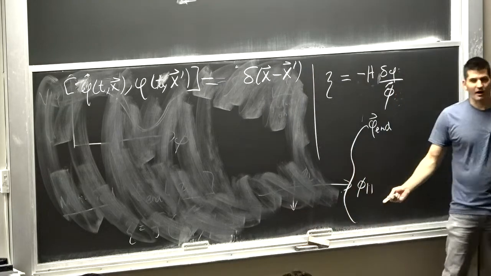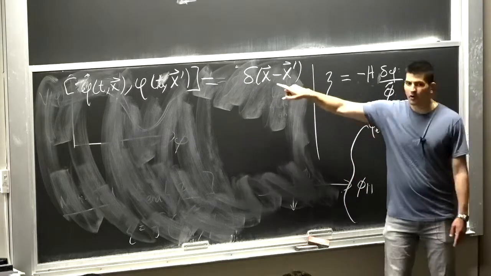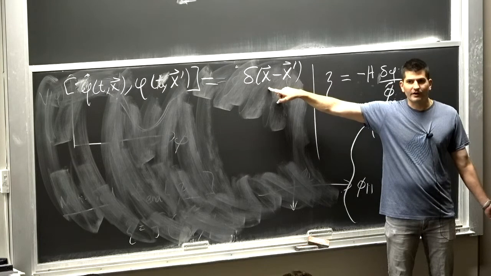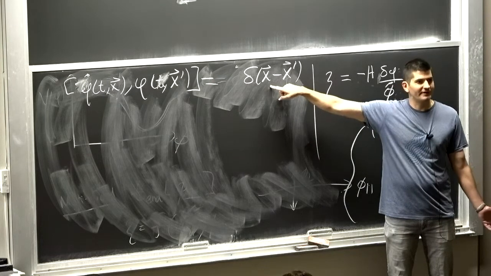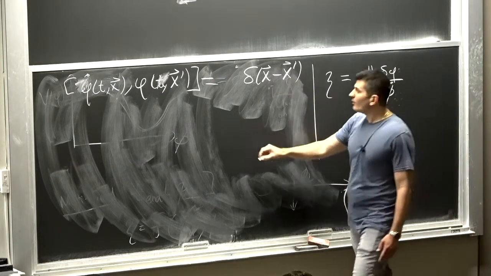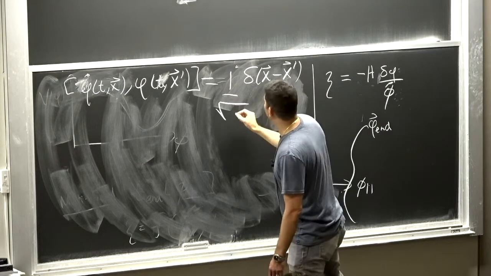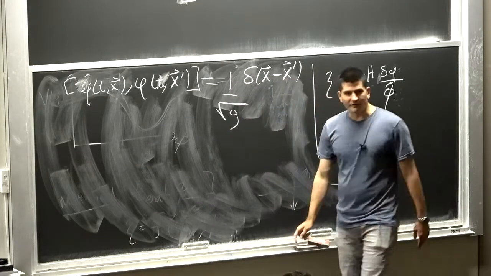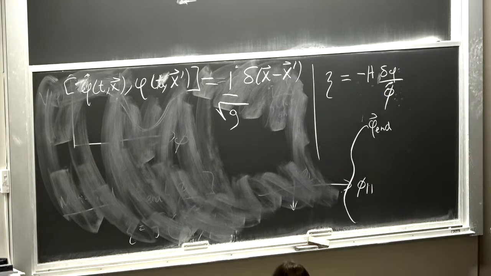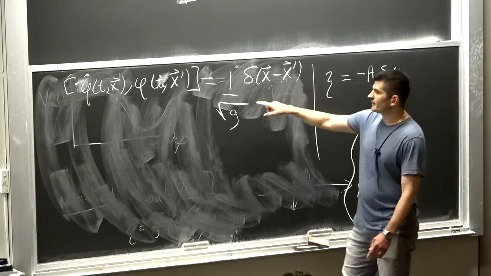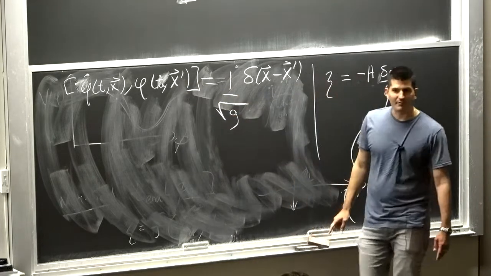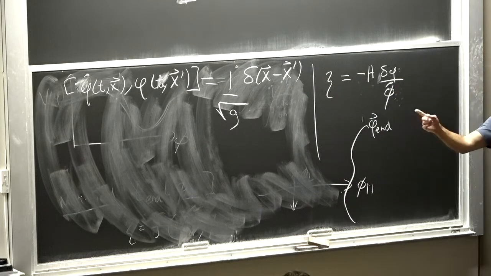But we're doing GR. So this is a coordinate delta function. So coordinate delta functions are meaningless. I do a change of coordinates, I get a different answer. So I always have to put 1 over the square root of the determinant of g in front of this expression. Like that's the only diff invariant answer that I can write down that has the right properties to obey causality, that modes that are space-like separated can't affect each other.